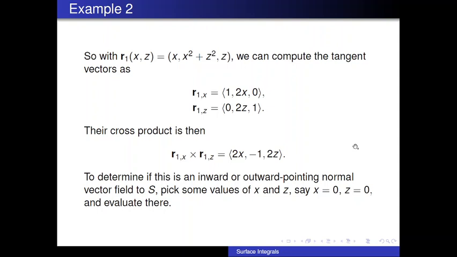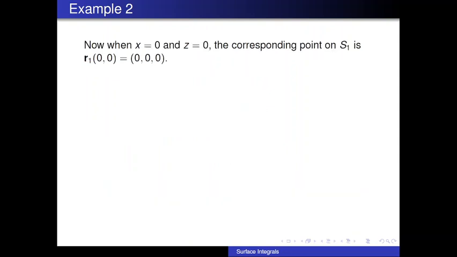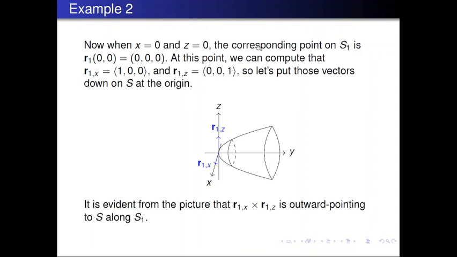So I'm going to pick x equals 0 and z equals 0. That'll be right at the bottom, essentially, of that paraboloid. So when x is 0 and z is 0, the corresponding point on that paraboloid is the origin, 0, 0, 0. Right? That's probably a better way to say it.